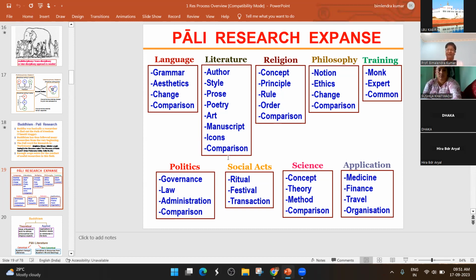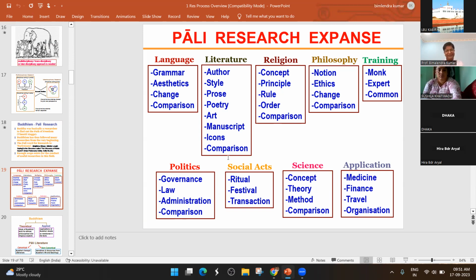So there are so many commentaries which have been written on the grammar also. So there are so many aspects related with the grammar also. Aesthetics, how the nature and the beauty can be studied. There are so many descriptions of the nature in our Therigatha, in some of the suttas available in the Dighanikaya.